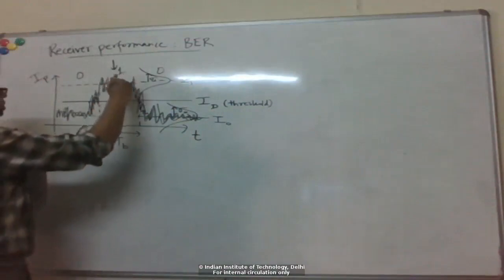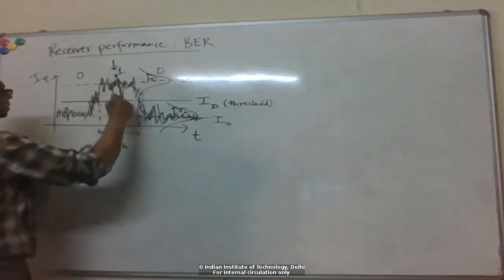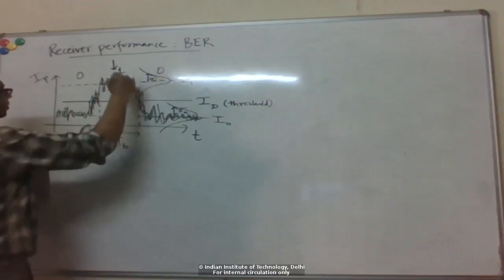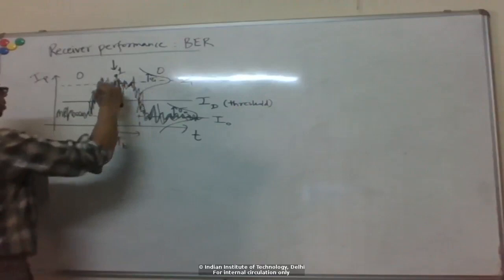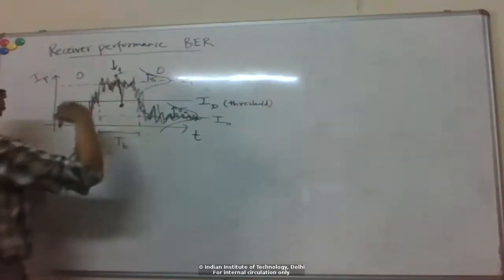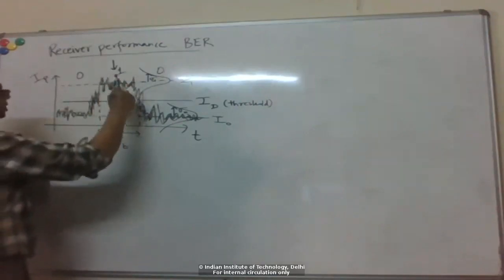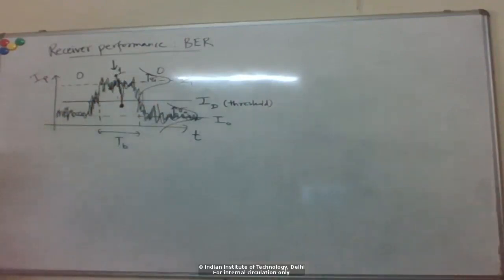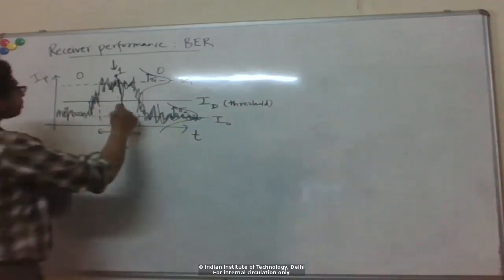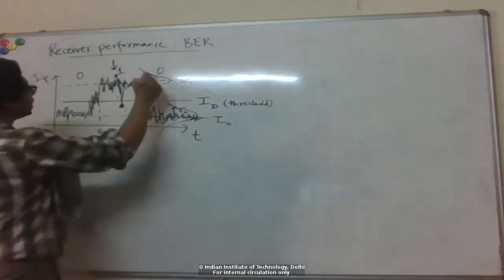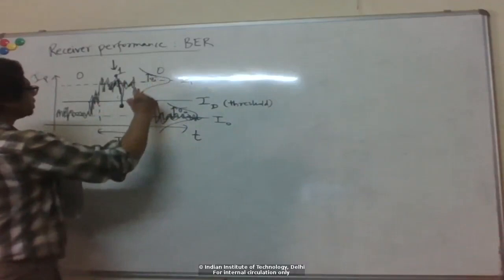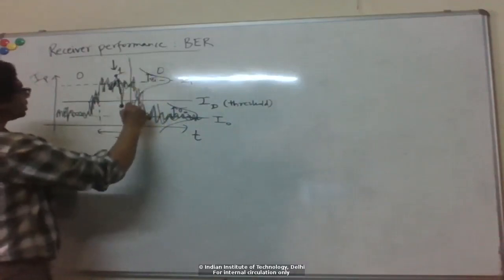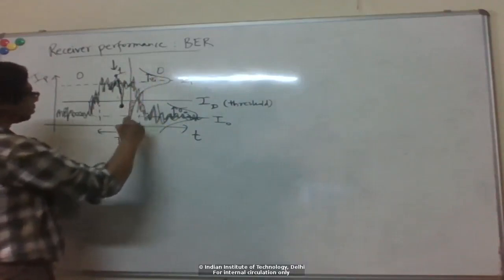Let's say there's a noise fluctuation here, which is big enough so that when you sample here, although bit 1 was sent, at the receiver the value that you got was below this ID. The probability of that is how much of the tail of this distribution goes below ID.